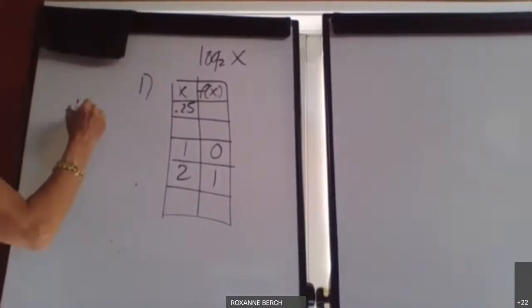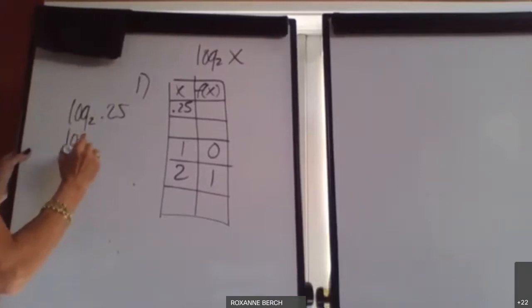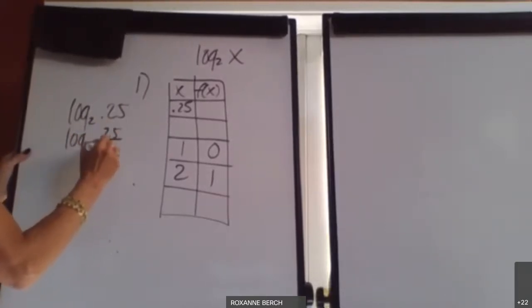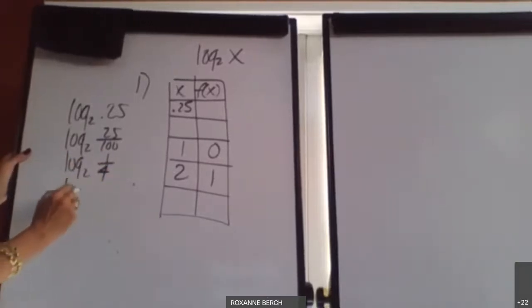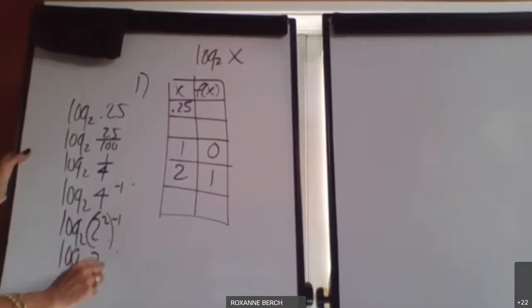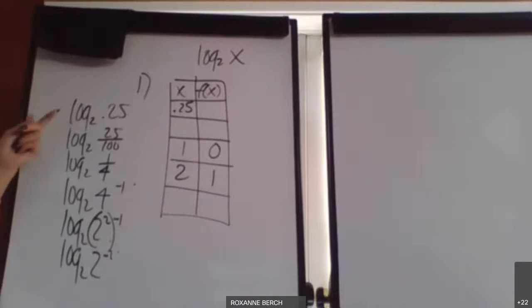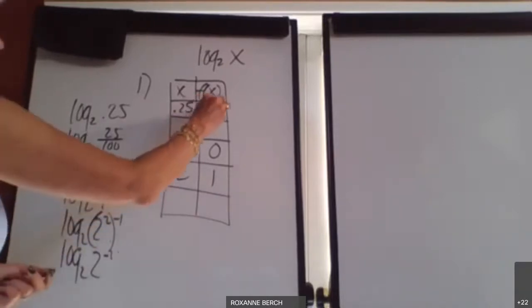If you wanted to figure it out, log base 2 of 0.25 is log base 2 of 25 hundredths, which is log base 2 of 1/4, which is log base 2 of 4 to the negative 1, which is log base 2 of 2 squared to the negative 1, which is log base 2 of 2 to the negative 2. So this equals -2.